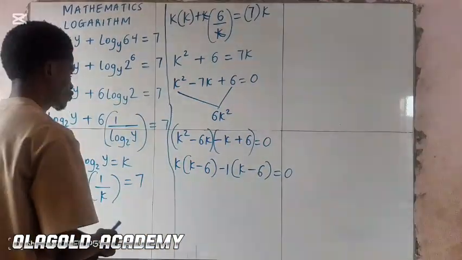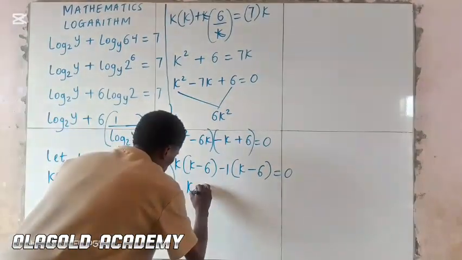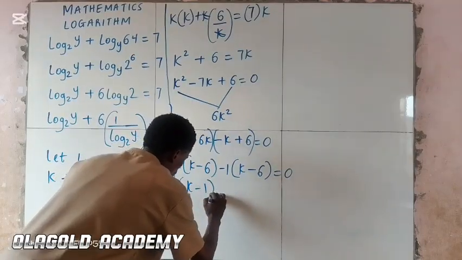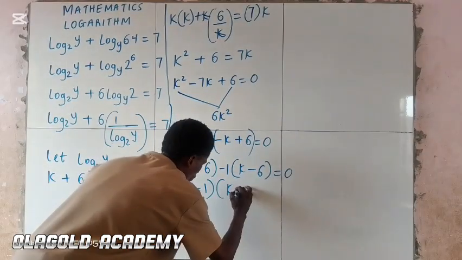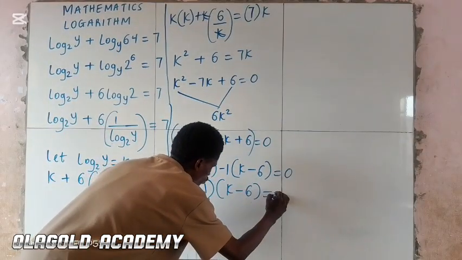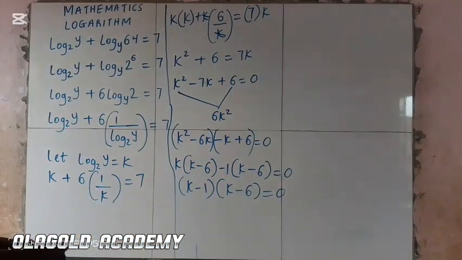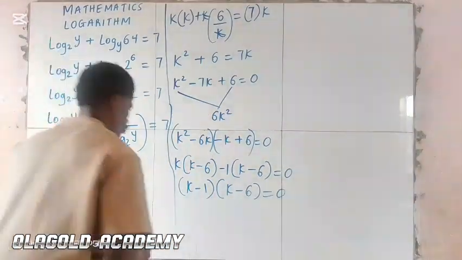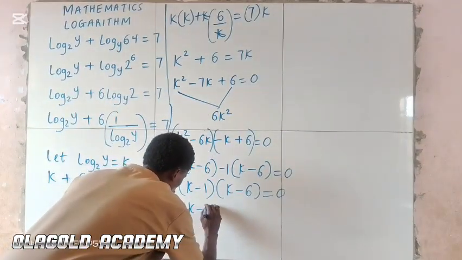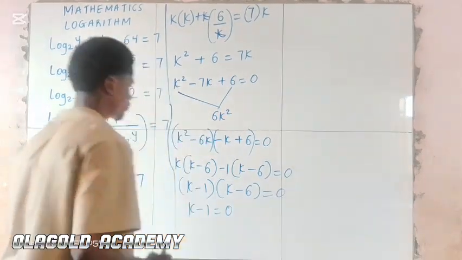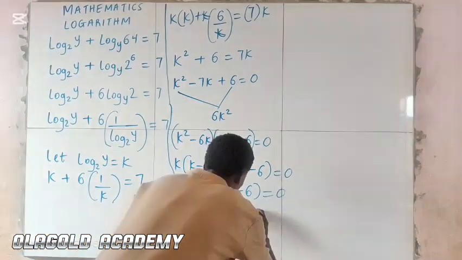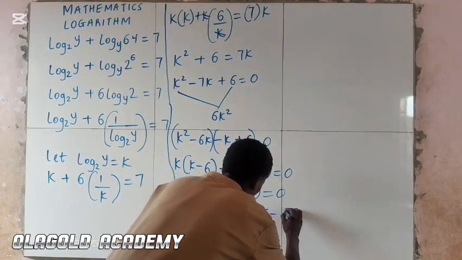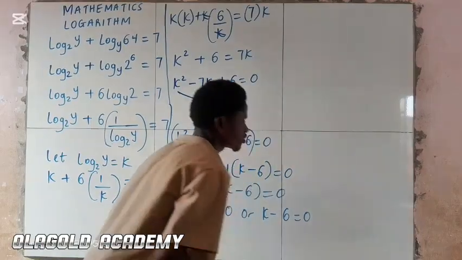All right, my next task is now to have k minus 1 and k minus 6 equal to 0. So I have this. From there, I'm going to have k minus 1 equal to 0, or k minus 6 equal to 0.